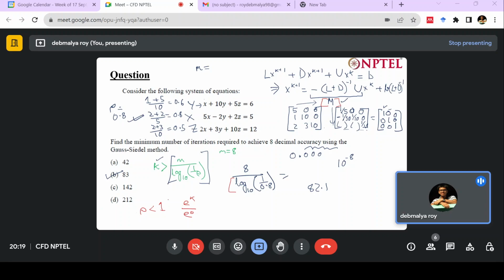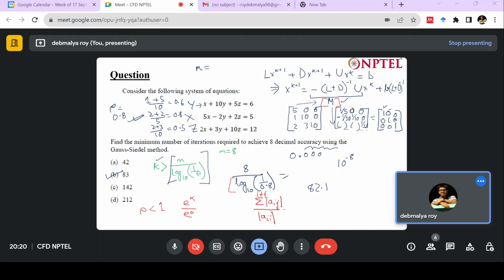Okay. And now what we are saying here is we are basically using the result of the Scarborough criteria. What is the criteria again? In this context, it is basically this: the mod of Aii, the diagonal term, and the summation of all mods of Aij when j is not equal to i, which is all the off diagonal terms.